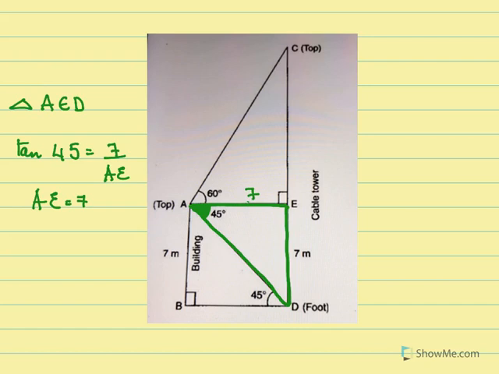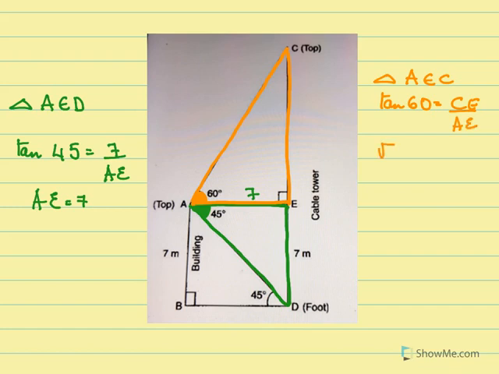Then we took up 60 here and took up this triangle. Again we use tan 60 here, this triangle, that is triangle AEC, and we took up tan 60. Tan 60 is perpendicular over base, so CE over AE.